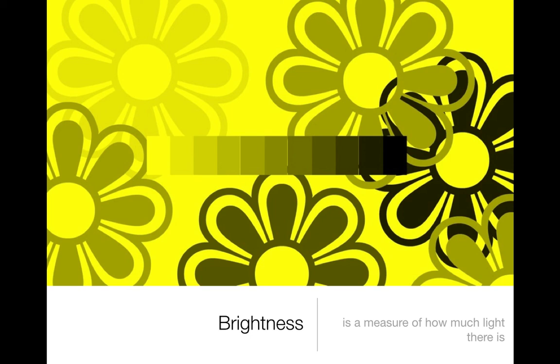Okay? So you bring it home, plug it in, and now you've got a dimmer switch on the wall. When you turn it up fully, your hue is red, your saturation is very high, and your brightness is very high. As you turn the dimmer switch down, you're starting to reduce the brightness, so it gets darker and darker.